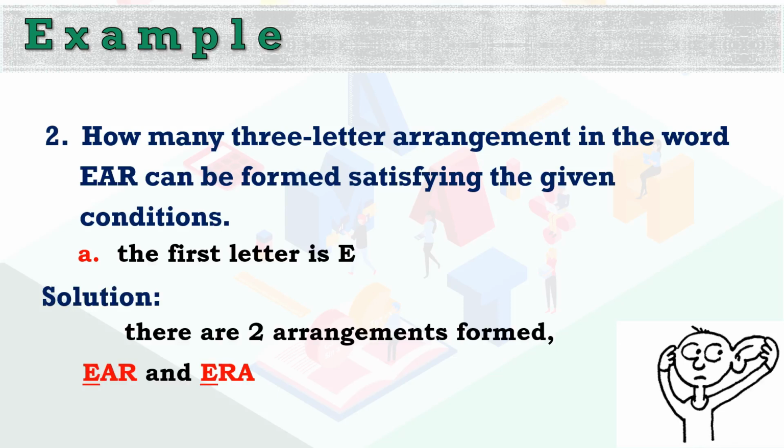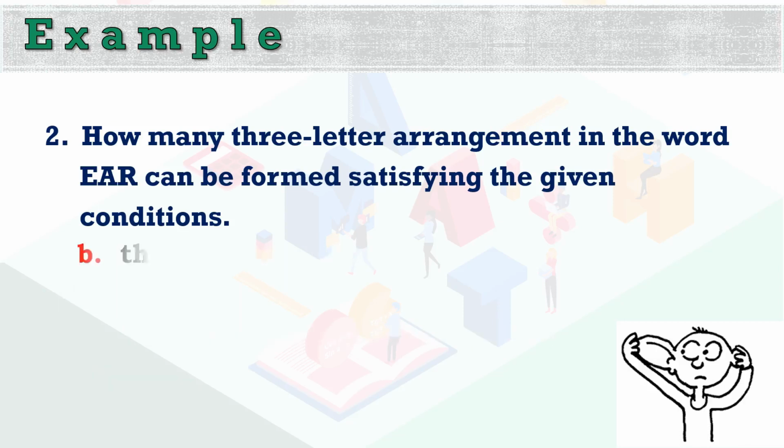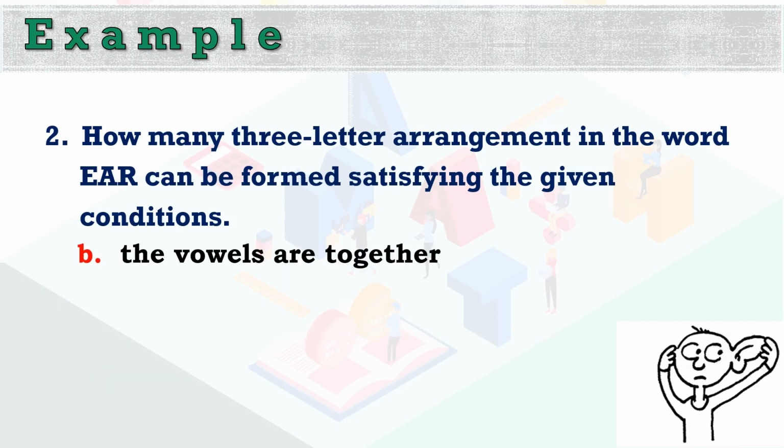Solution: there are two arrangements formed, and that is arrangement EAR and ERA. For letter B, the vowels are together.